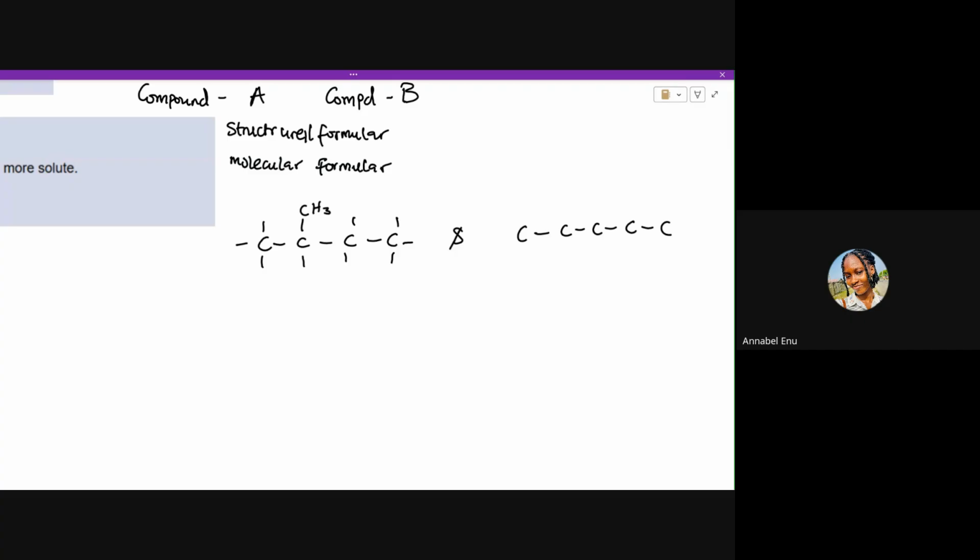So this one has 1, 2, 3, 4, 5 carbons, and then the hydrogen. Sorry, please excuse me.